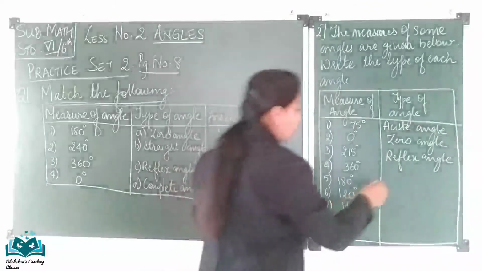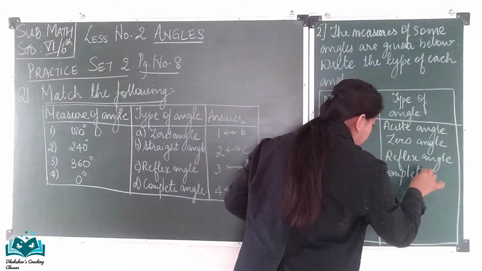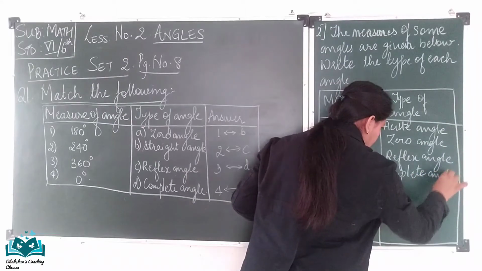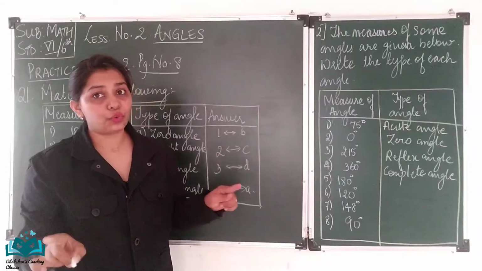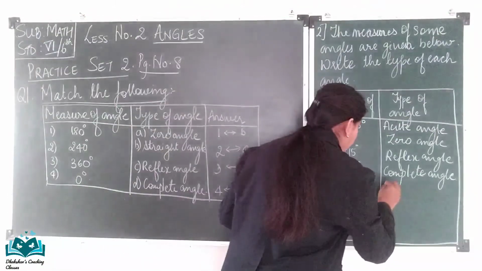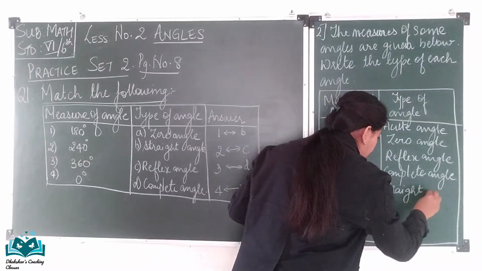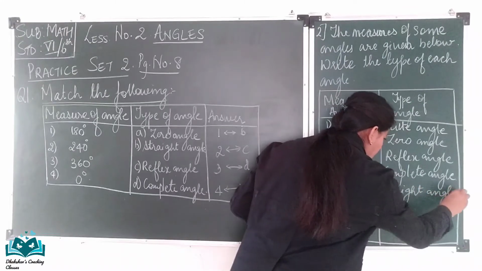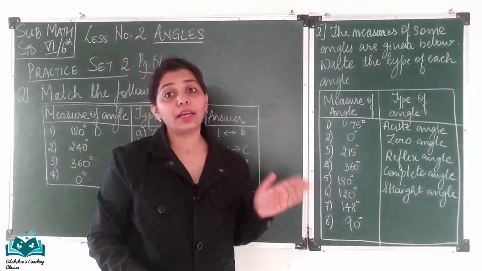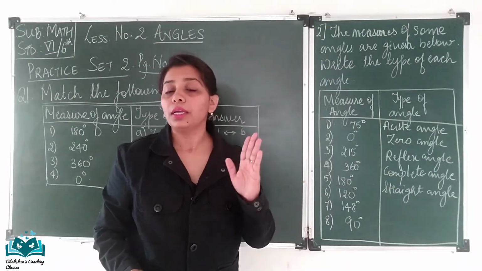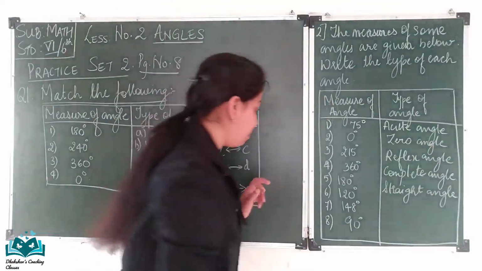So it will be your complete angle. 180 degree, a straight line. The angle's name will be straight angle. 120 degree, less than 180 but greater than 90. So it will be obtuse angle.